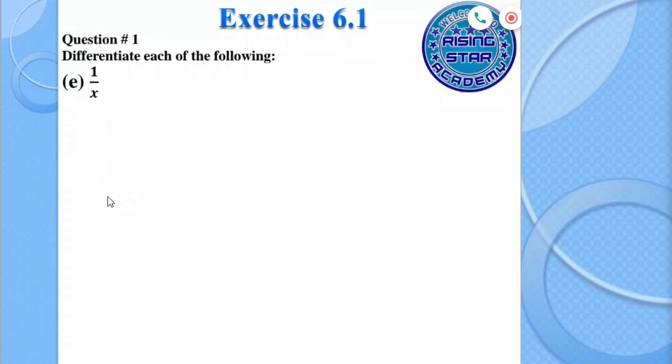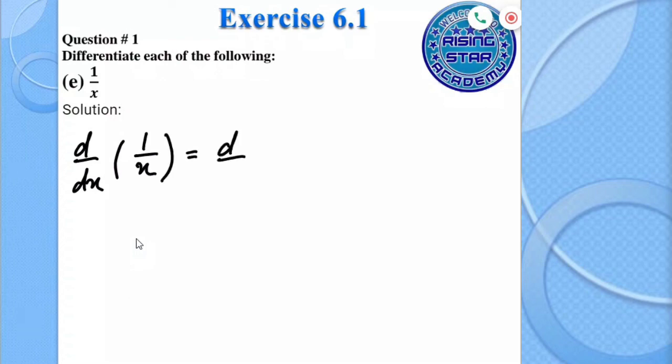For the e part, we will do the same thing. We will write it dy by dx of 1 over x. Now we will take the variable into the numerator, so that would be x to the power of minus 1.